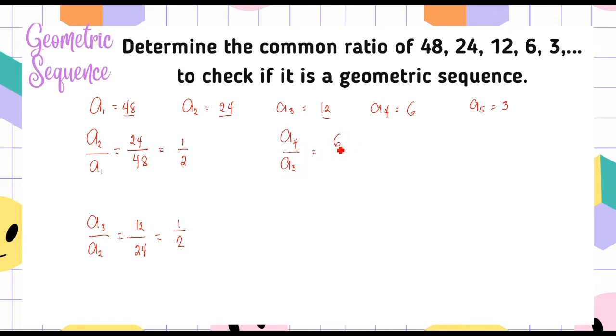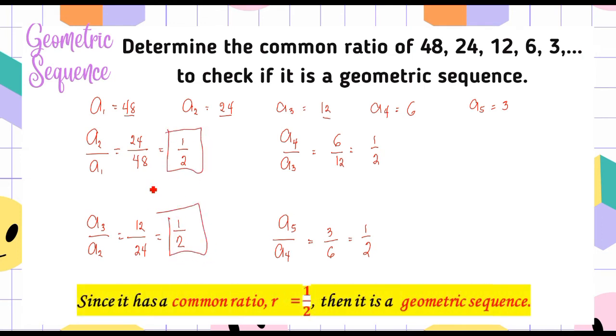So magiging 6 is to 12, and that is also 1 half. And then we have a sub 5 is to a sub 4, and that is 3 is to 6, which is equal to 1 half. Kung mapapansin po natin, ay pare-parehas ang kanilang ratio, which is equal to 1 half.